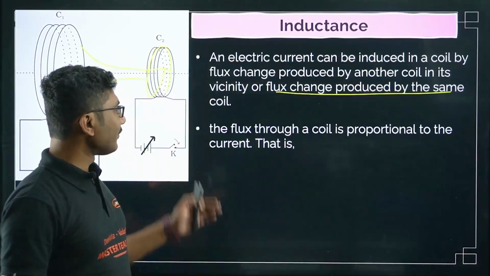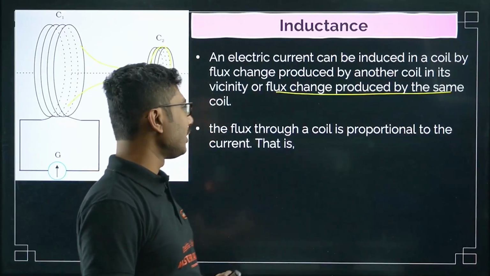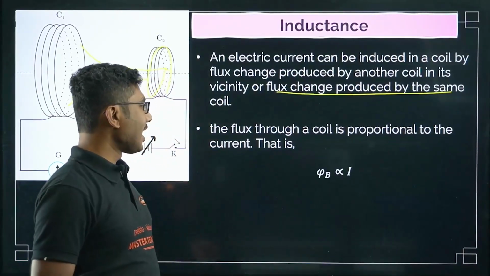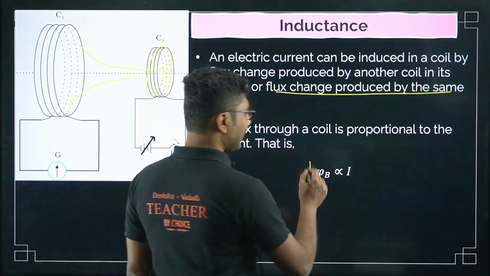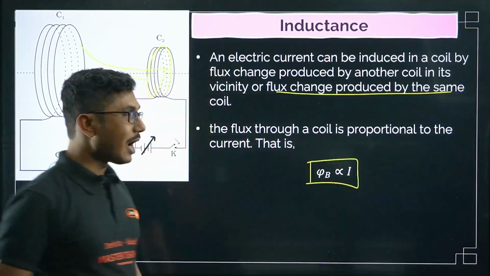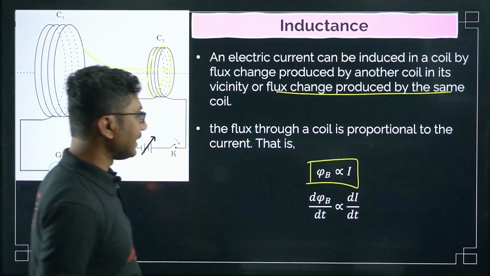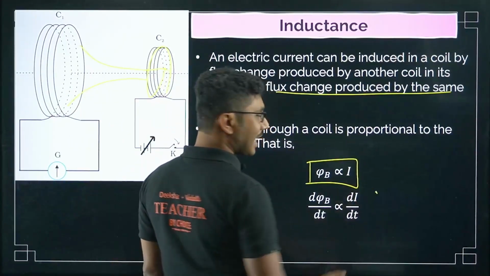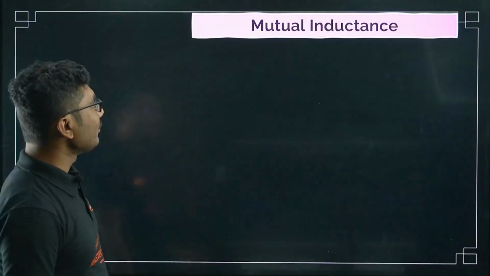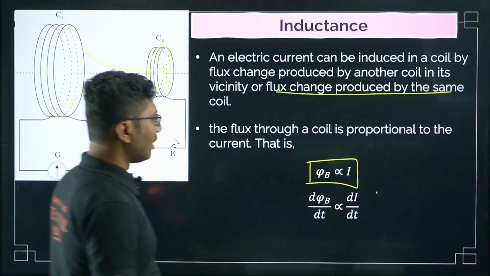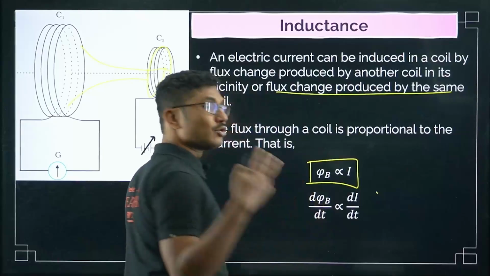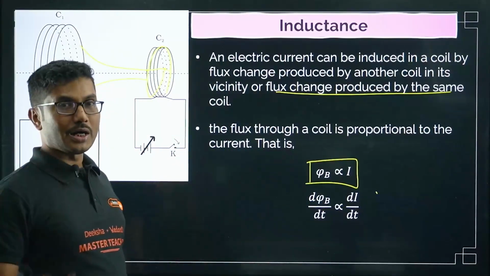The flux through a coil is proportional to the current, that is, flux is proportional to I, and change in flux is proportional to dI by dt.